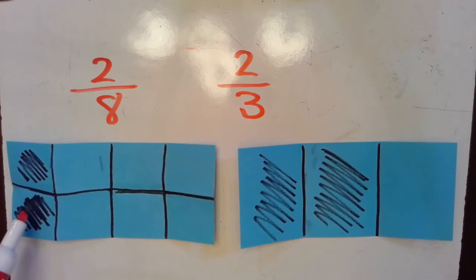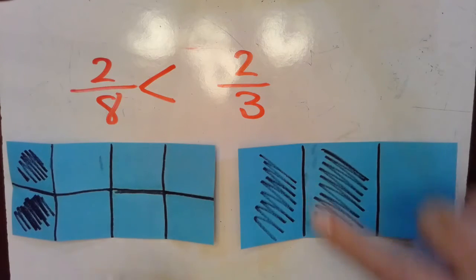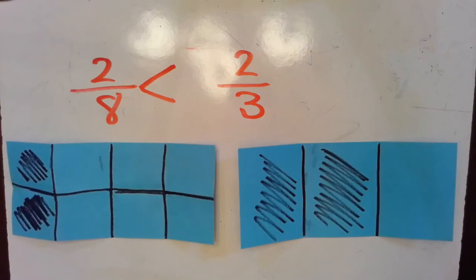So here we've got 2 shaded and here we've got 2 shaded because there are 8 total pieces in this shape and 3 total pieces here. These pieces are smaller. So 2 small pieces is less than these 2 larger pieces, and that size of the piece has to do with the denominator.